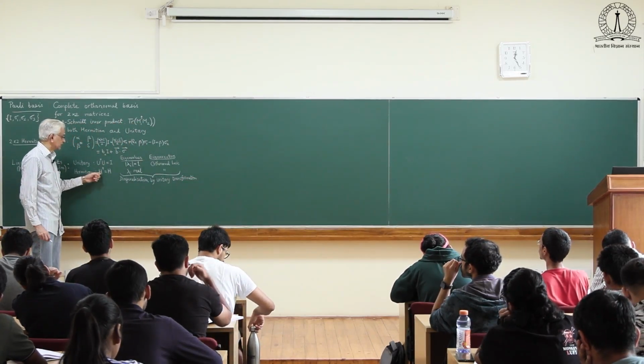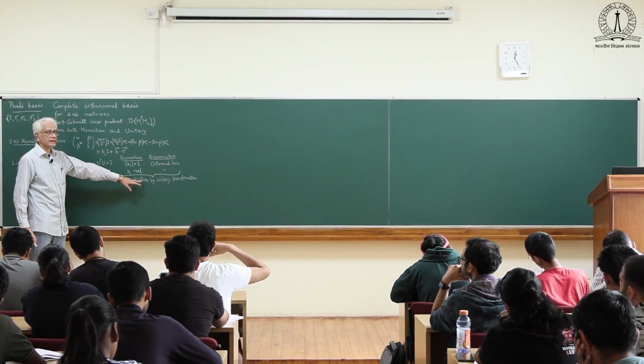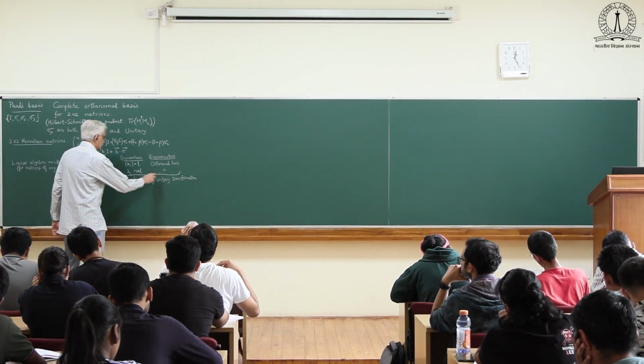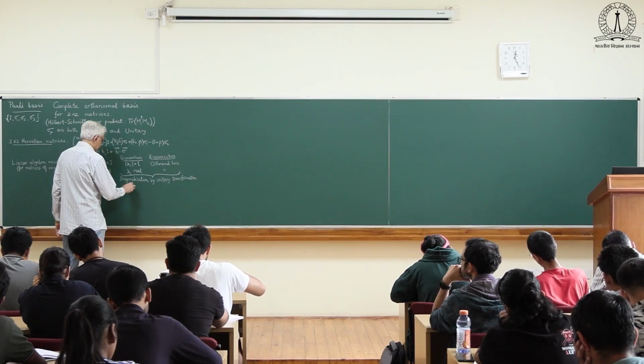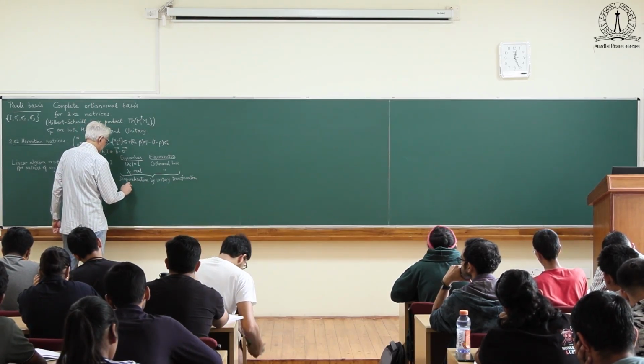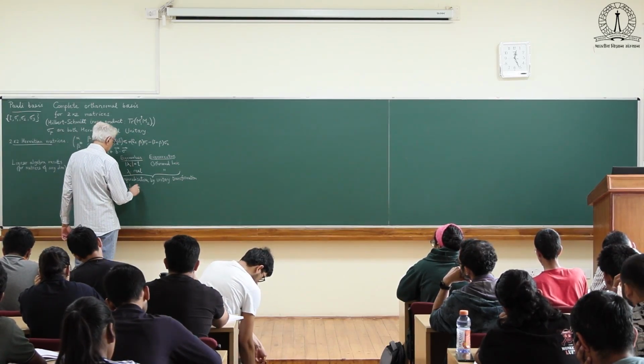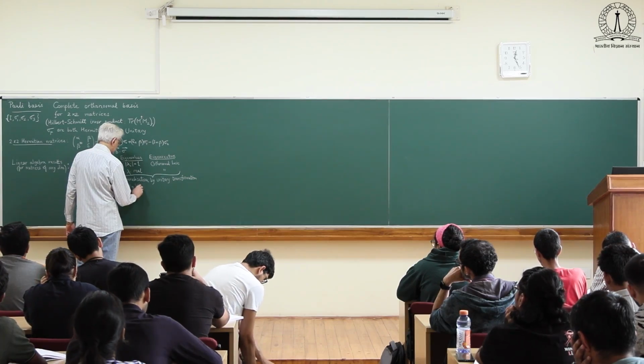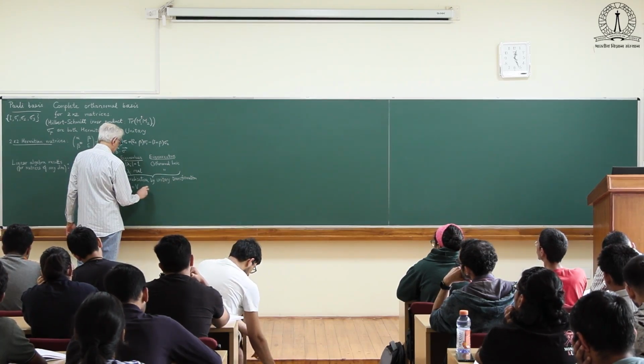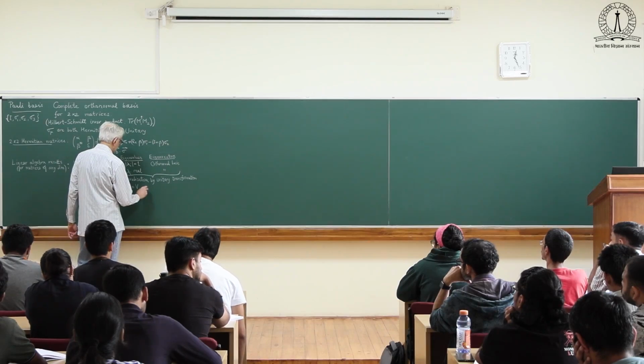You can diagonalize these matrices by a unitary transformation by writing it down explicitly. I can say that, what is a unitary transformation? I can write the formula. So U is equal to V times phase.